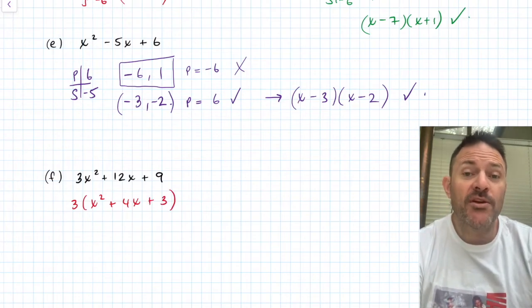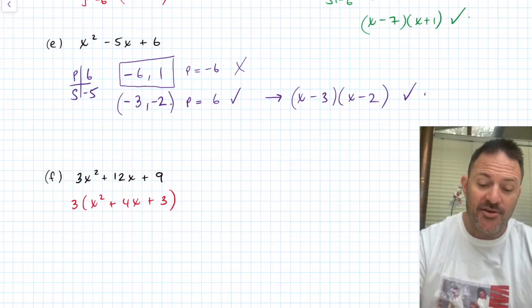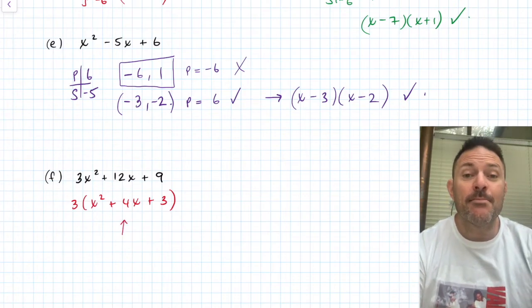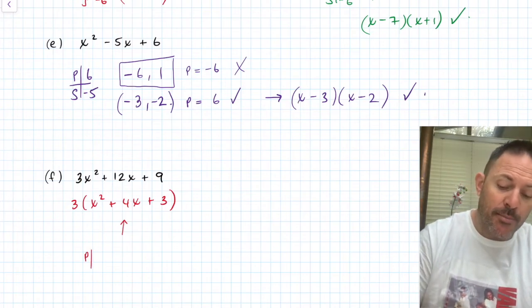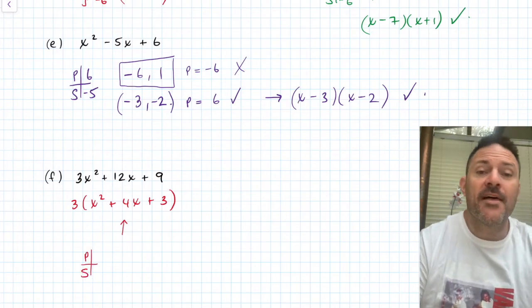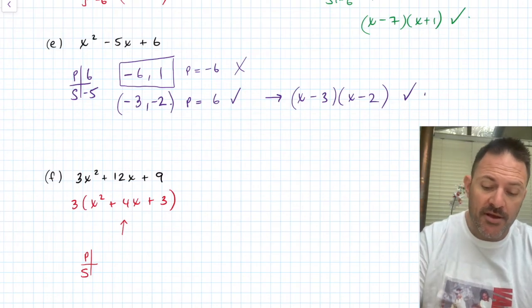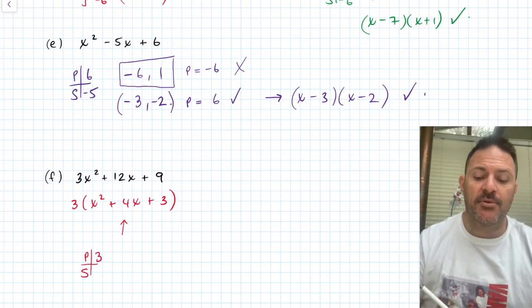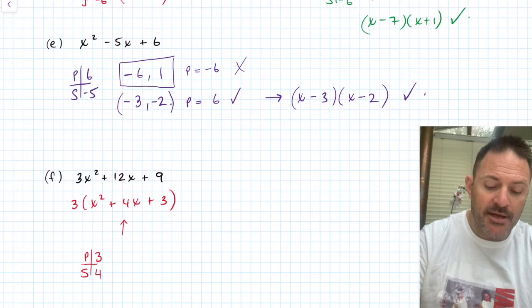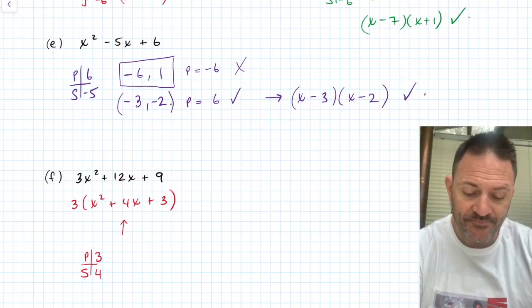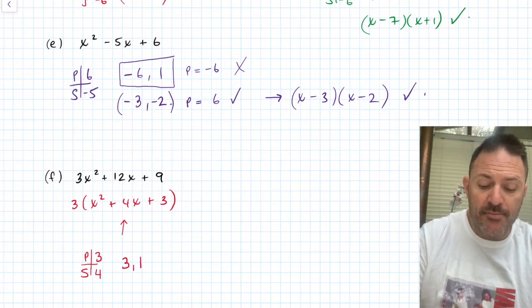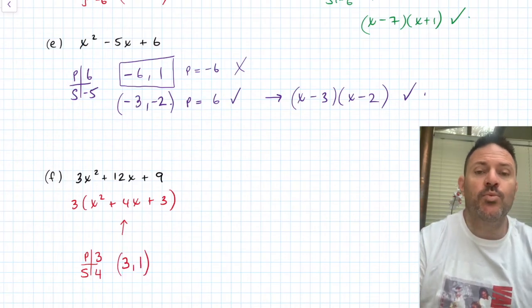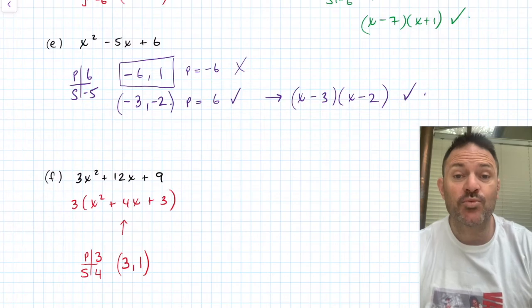Now, notice what you've got inside the brackets now. You've got a monic quadratic. So I can now actually do my product and sum off that monic quadratic term. So my product is 1 times 3, which is 3. My sum is 4. Okay, so what are my two numbers? Well, it's a prime number. 3 times 1 makes 3. 3 plus 1 makes 4.